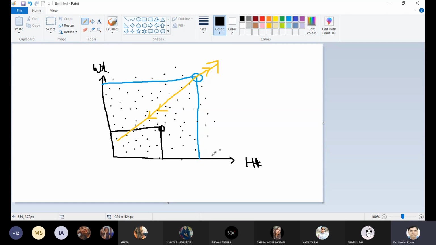All the points are scattered all around, so that means there is no relationship. Such graphs are called scatter plots. We use scatter plots basically for establishing the relationship.